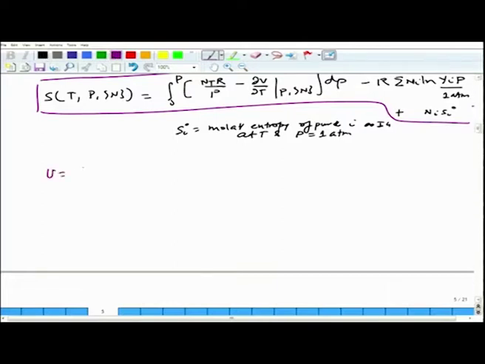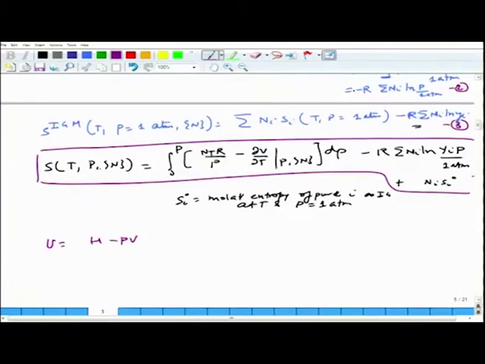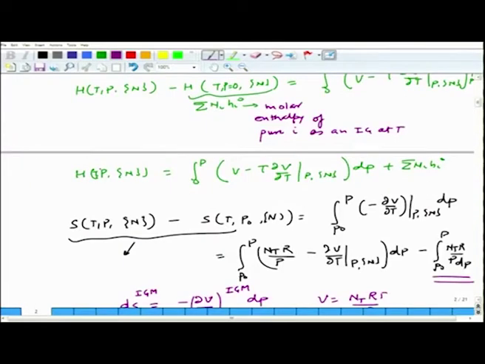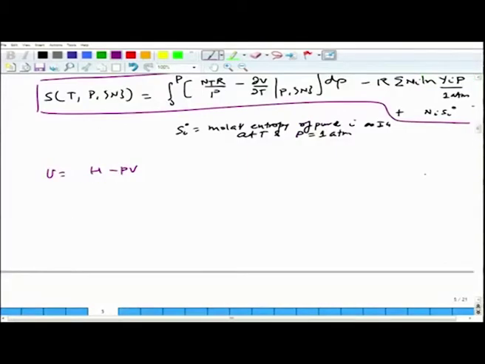We have U equal to H minus PV. Since H we have already derived here, this is the H value, we just have to add here minus PV. So, this term minus PV plus this term.